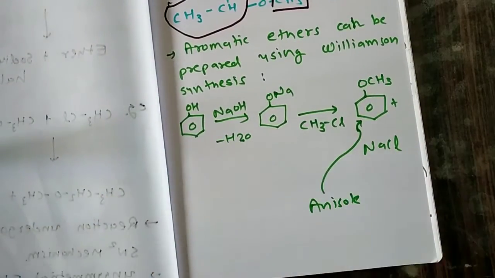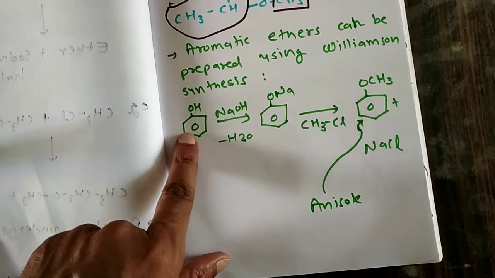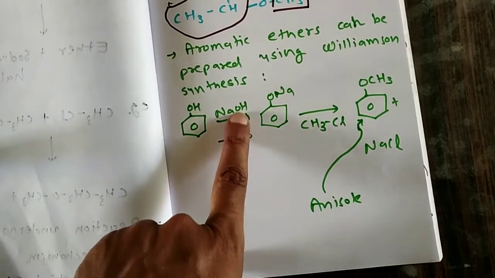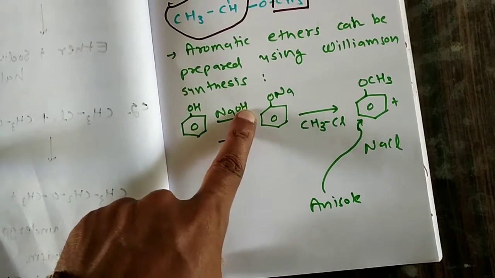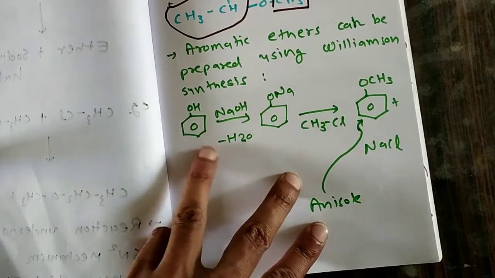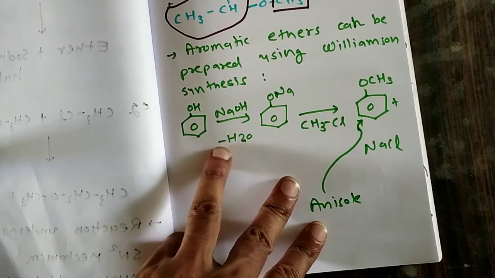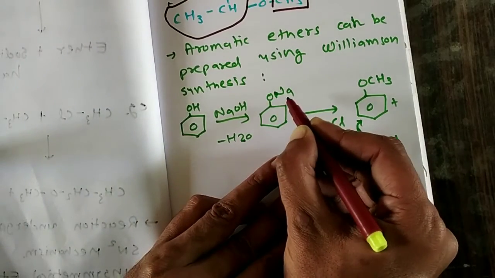Also we can produce aromatic ethers here. You can see this one is phenol. When it reacts with NaOH, what will happen here? OH and H, they both will combine together to form H2O, so minus H2O is there. Now O and Na will be there.